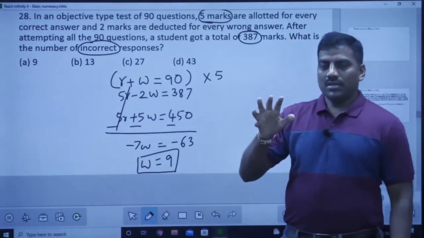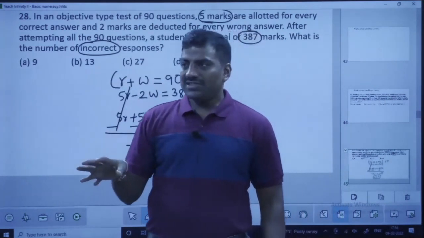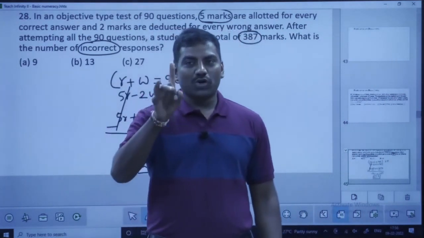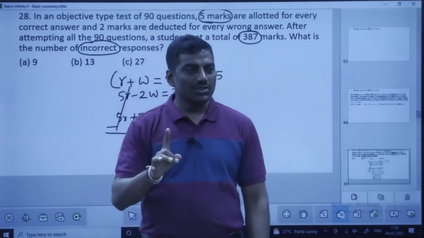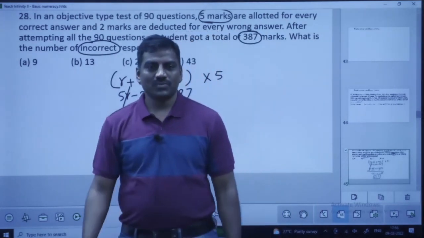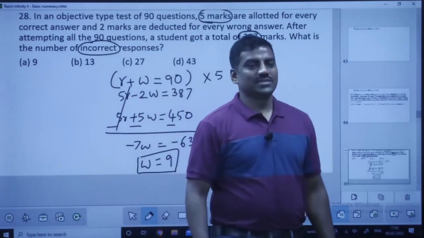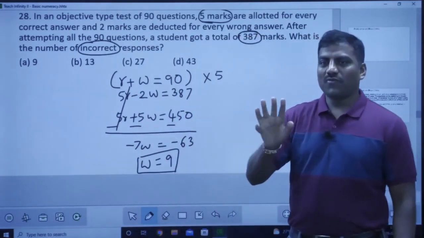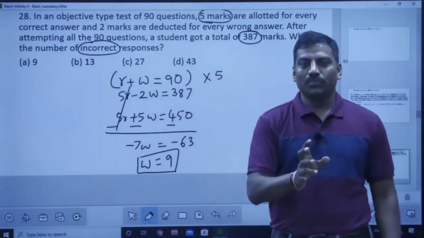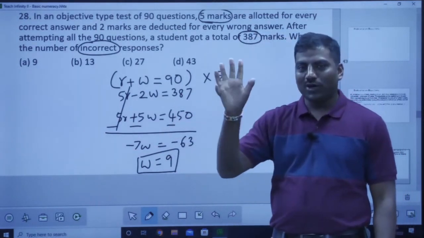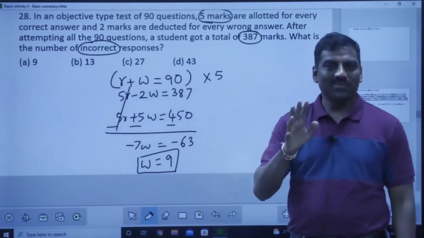And if you target the number of wrongs, it should not cross 15 on any day. First, make that practice. Your number of wrongs should not cross 15. If you maintain this ratio, 65 right and 15 wrong, that is a dream.